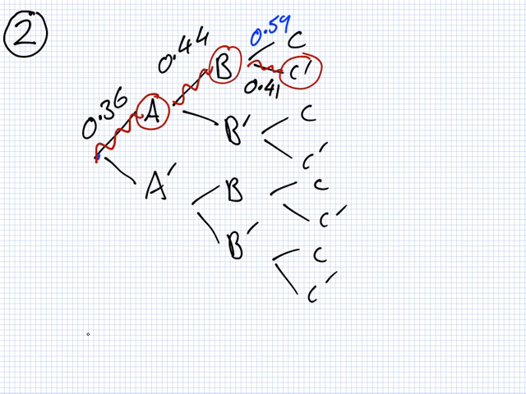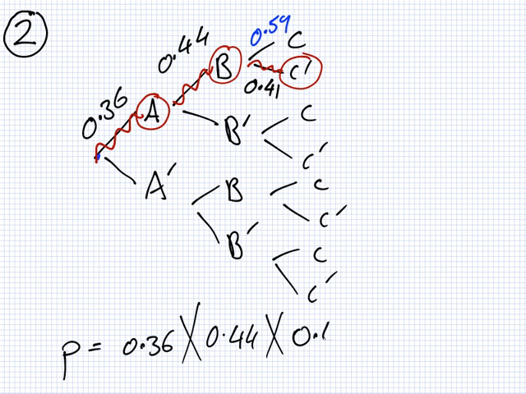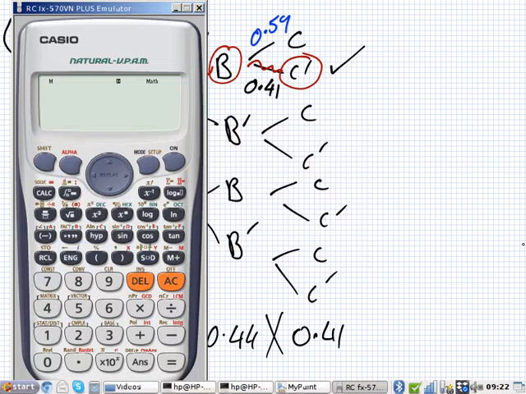So the probability will be 0.36 times 0.44 times 0.41 to give me this path. So let's just hit that in, 0.36 times 0.44 times 0.41, and they want 2 significant figures.